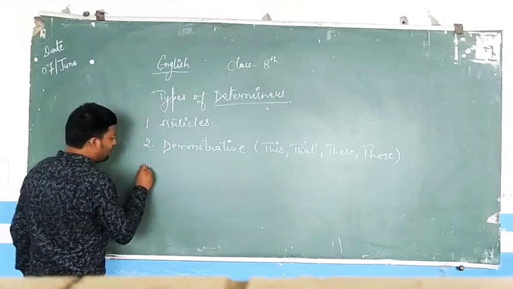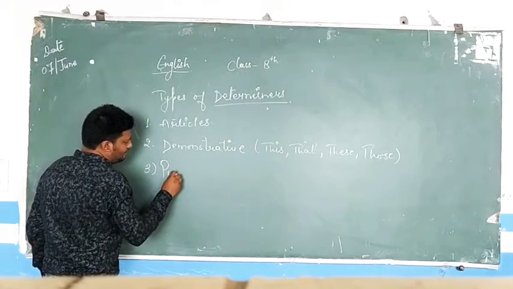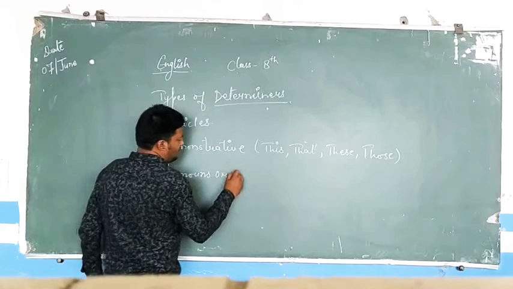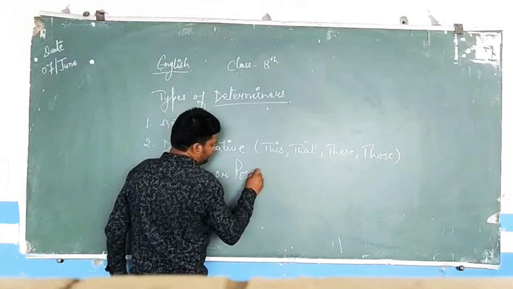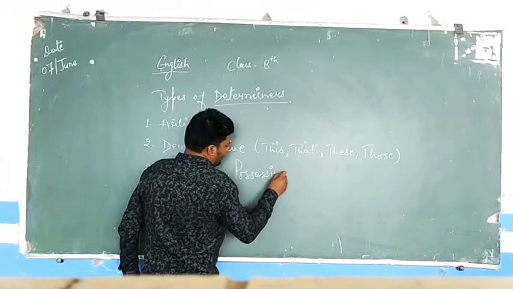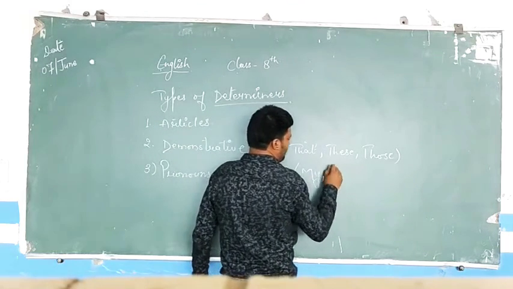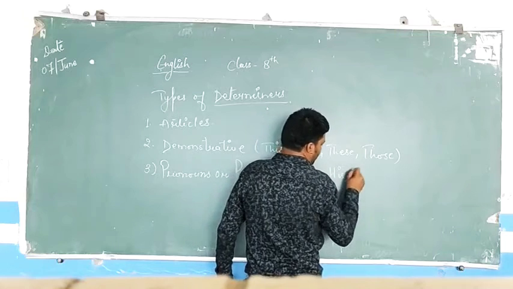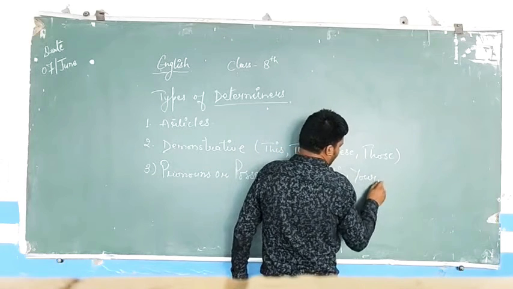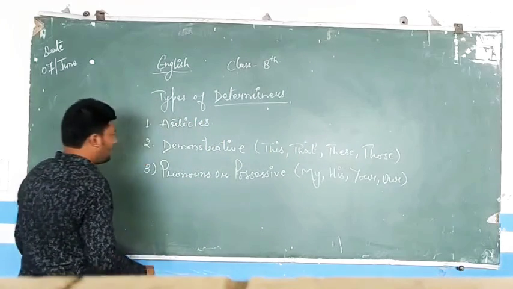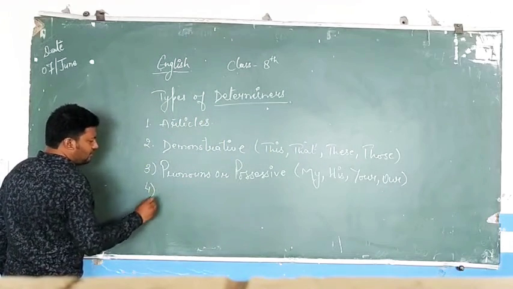The third one is pronouns or possessive. For example, my, his, your, our, etc. Whereas the fourth one is quantifiers.